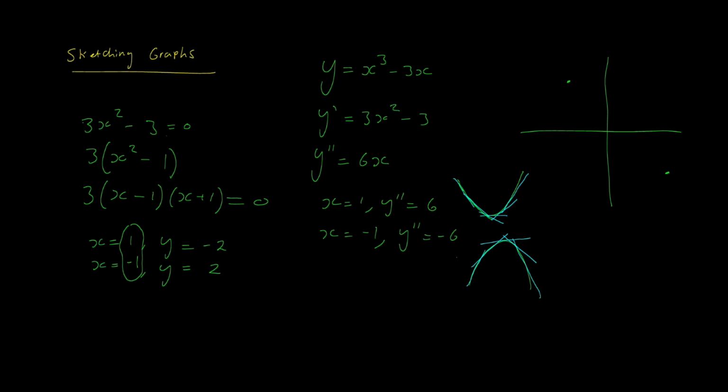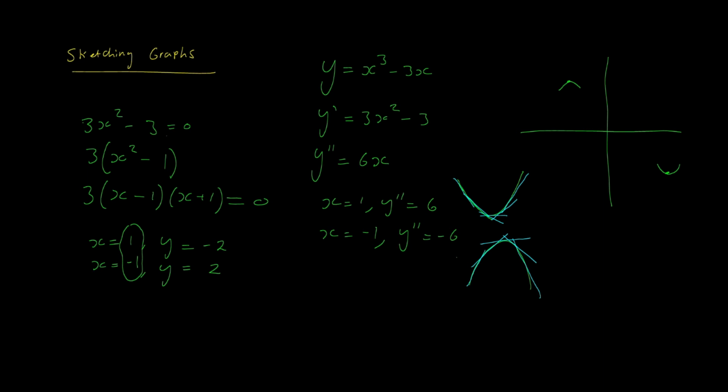Now, an easy way to remember this is positive is happy, negative is sad. Smiley face, sad face. But anyway, we now know what the graph is doing at those points. So we know up here where x is negative, we have an unhappy face. And we know when it's positive, it is a happy face.